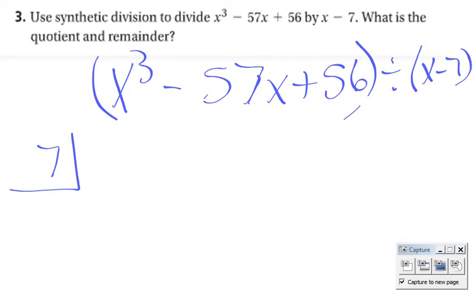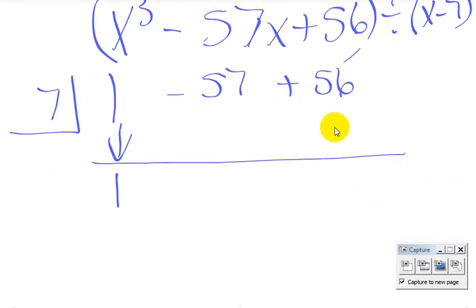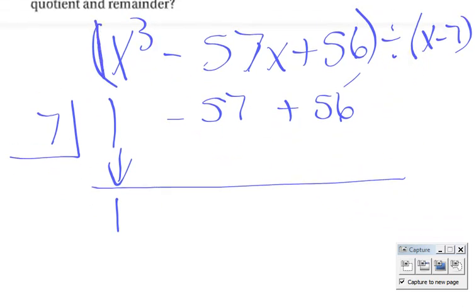So good job. What's our first coefficient? 1. And next one? Negative 57. And the third one? Positive 56. There you go. Now, the next step is just to draw our line and drop down the first one, whatever it is. If that was a 5, we would have dropped a 5. But remember, when you don't have a coefficient, it's just 1.